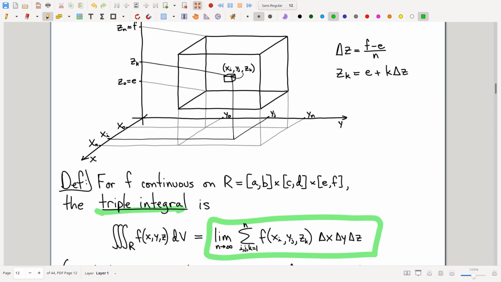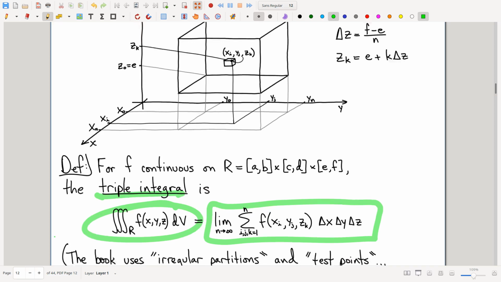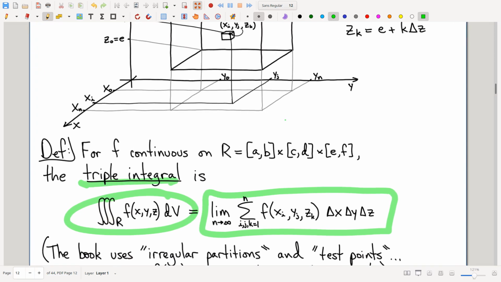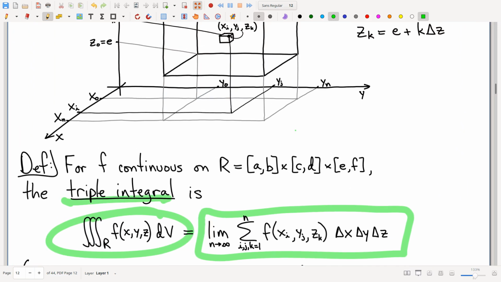The name is triple integral. The notation is exactly what you would expect. The only sort of tricky curve, I suppose, is you do have to think through, well, wait a second, what should we call delta x, delta y, delta z? Well, its job is to represent the volume of one of these little sub-boxes. And a little piece of volume we abbreviate as dV.